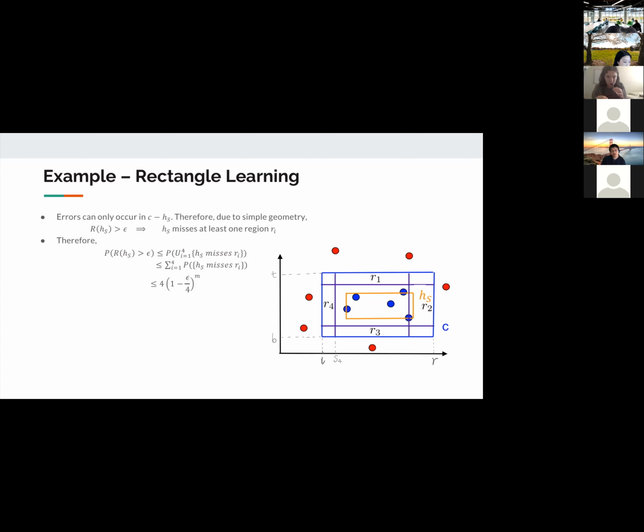Let's see if there is any question. Okay, can errors only occur in a region Ri because of the probability on the previous slide? What does that mean? I'm not sure what you mean by previous slide. Do you want to explain?